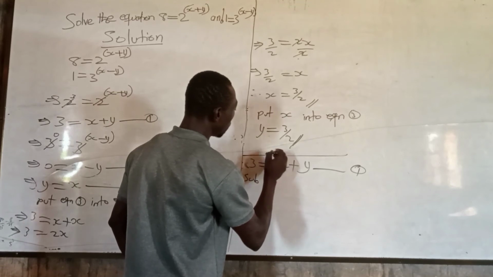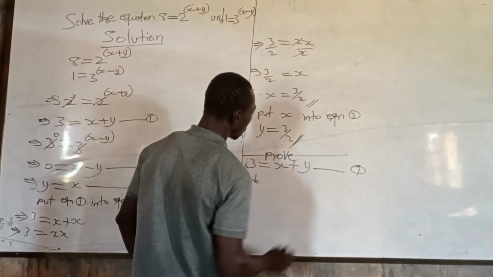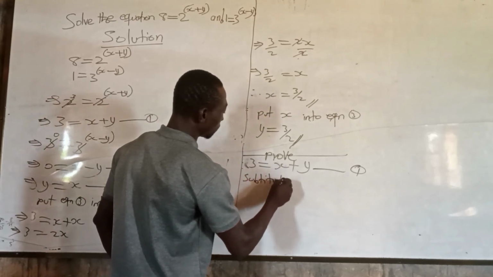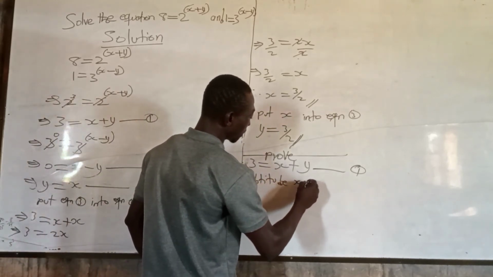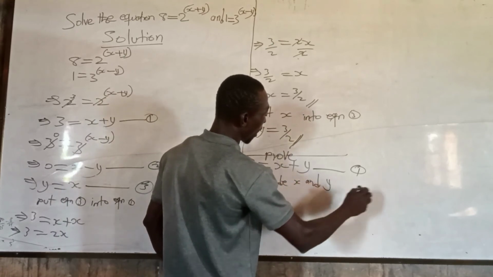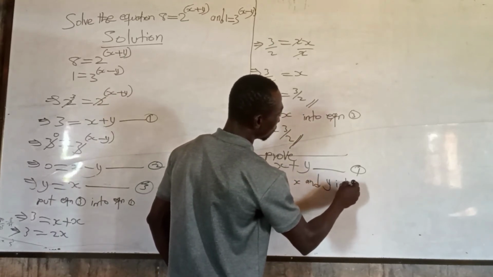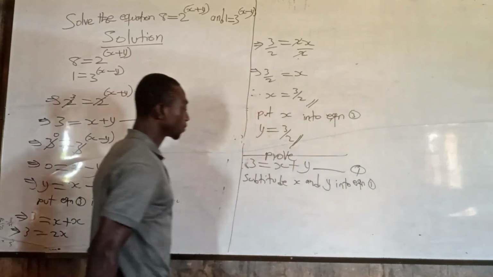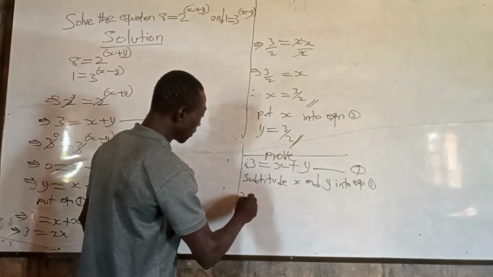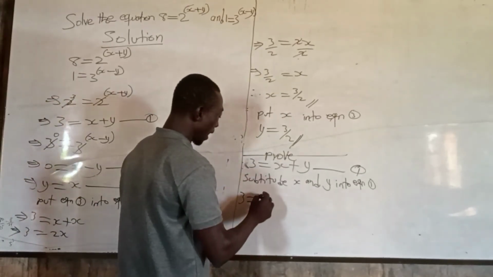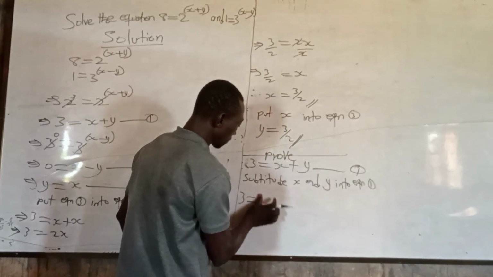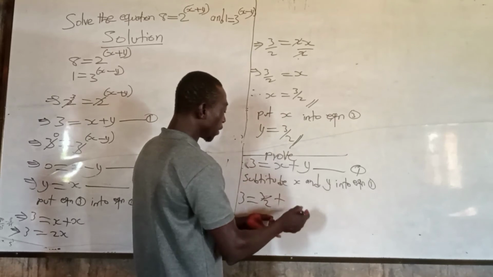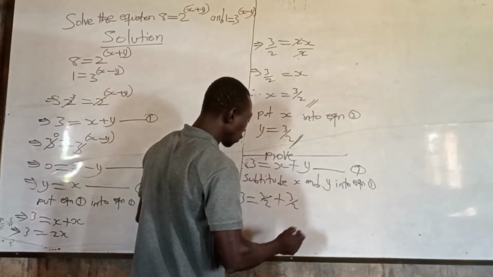So we substitute x and y into equation 1. That will be 3 equals, the x value is 3 over 2 and the y value is also 3 over 2.